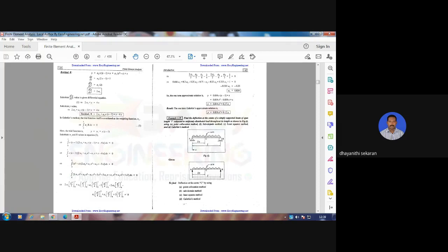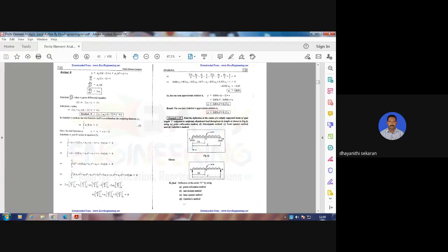We get 2a1 times x cube by 3 from 0 to 1, plus a1 times x power 5 by 5 from 0 to 1, minus a1 times x power 4 by 4 from 0 to 1, minus 3 times x power 4 by 4 from 0 to 1, minus 2a1 times x squared by 2 from 0 to 1, minus a1 times x power 4 by 4, plus a1 times x cube by 3, plus 3 times x cube by 3, equal to 0.